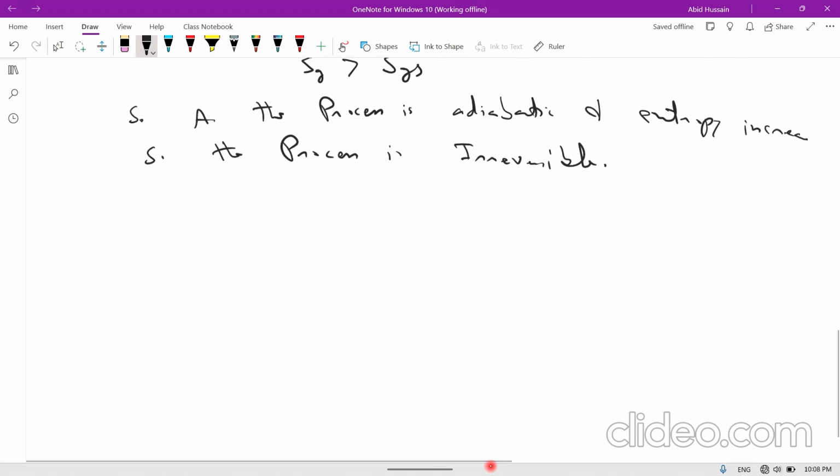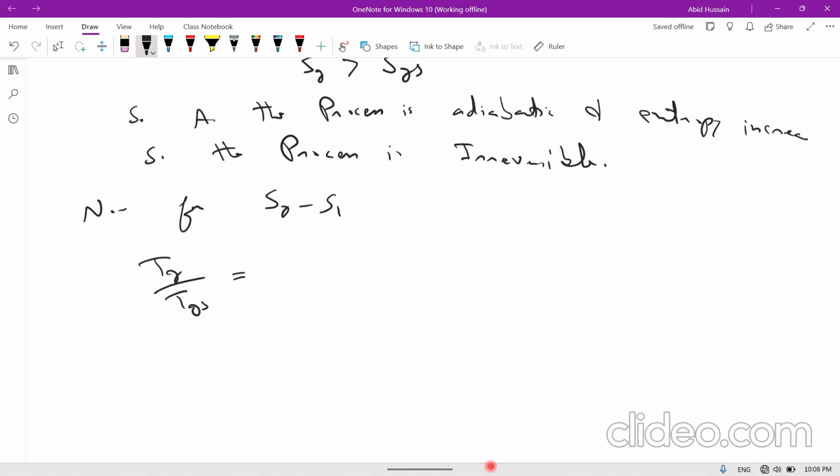Now we are finding S2 minus S1. For that, first we find T2 divided by T2s. We can find T2 divided by T2s by the ratio T2 divided by T1 multiplied by T1 divided by T2s.